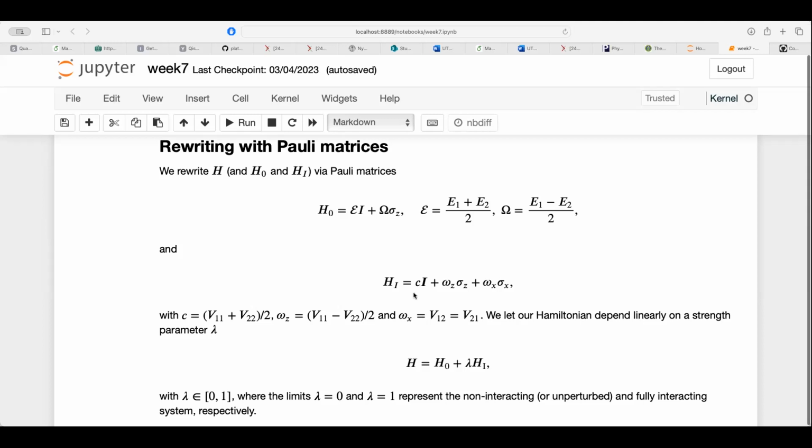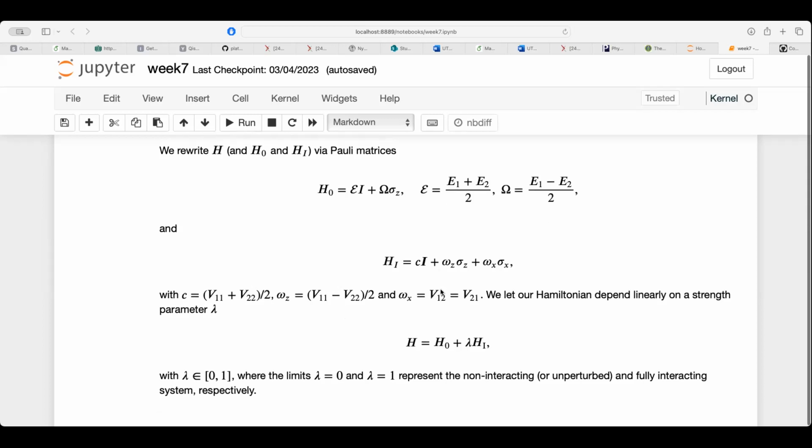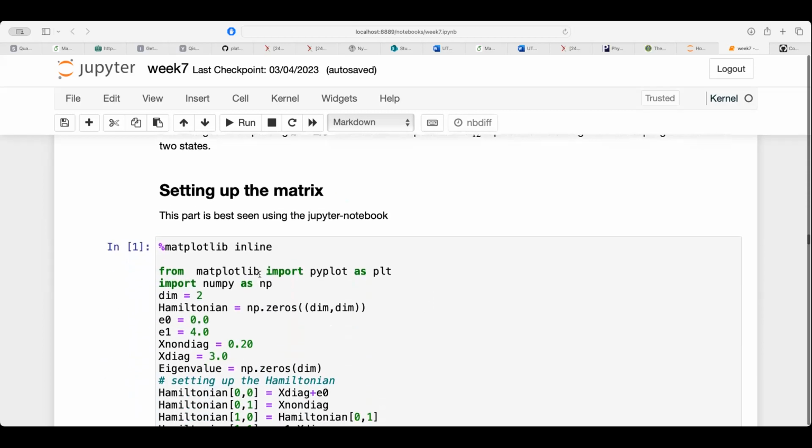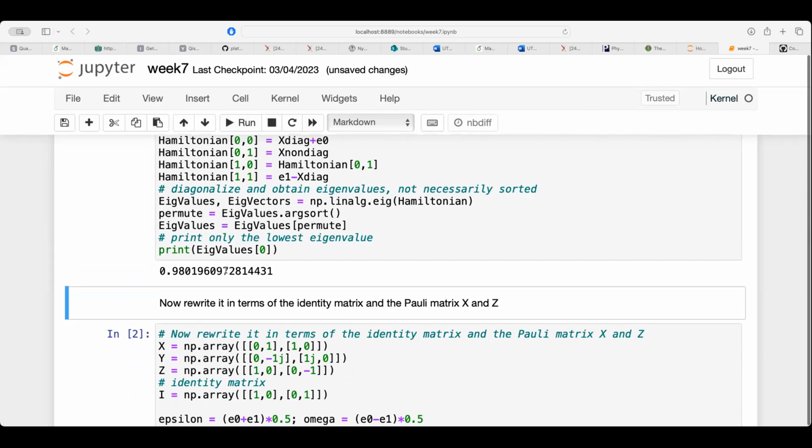Essentially what we end up doing now is to run a calculation with some selected parameters. And then we want to implement the VQE algorithm to find the same eigenvalues. These are some specific parameters which we selected, I'm not going to discuss them again. And this is the eigenvalue which we typically get, 0.98 here.